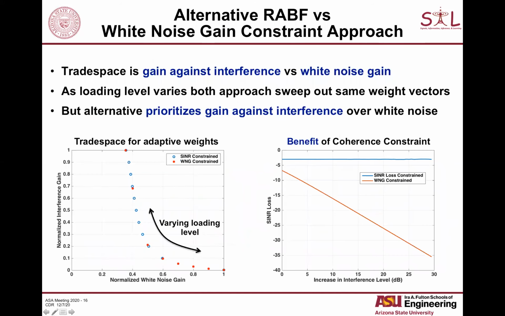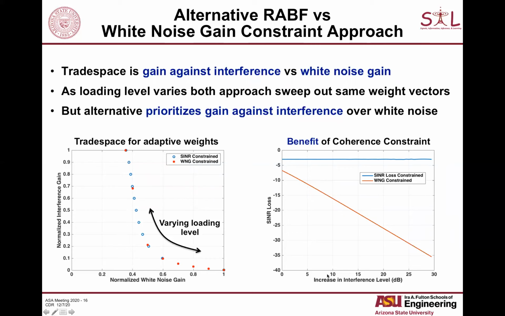And if I look at what the differences are between these two approaches, you'll notice that as I vary the diagonal loading level over both a SINR constraint or a white noise gain constraint, I'm plotting the solution in this 2-dimensional space where I'm plotting normalized white noise gain on the horizontal axis and gain against interference on the vertical axis. And I'm basically sweeping out the same space of weights. The difference is that I prioritize gain against interference.